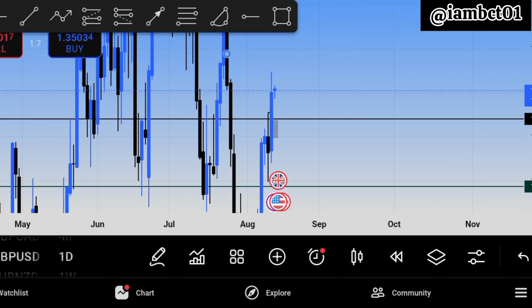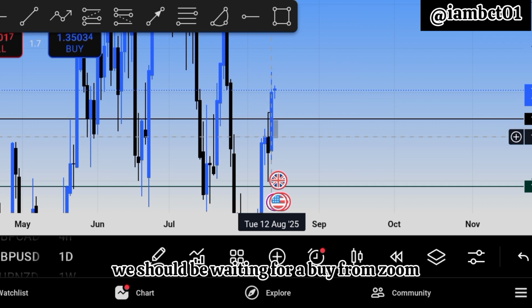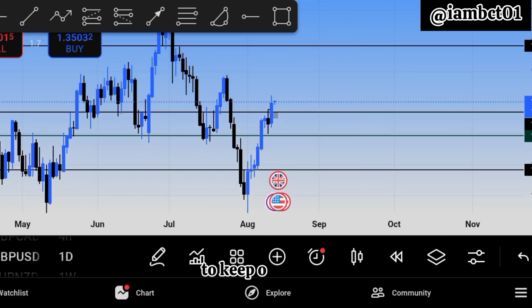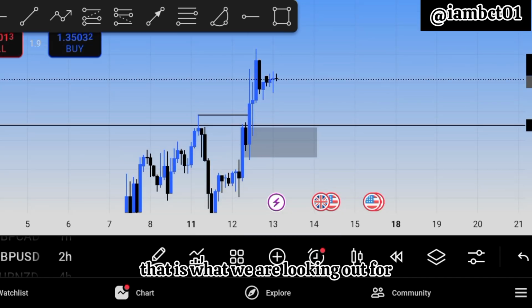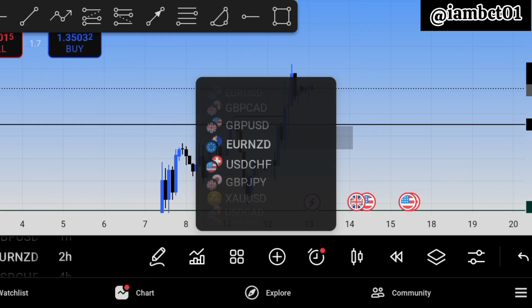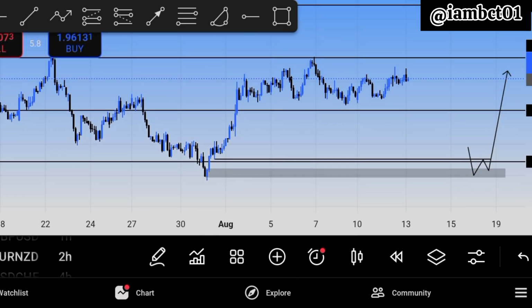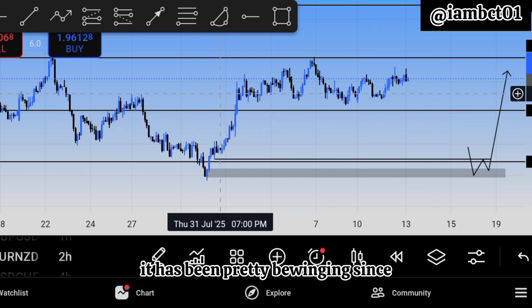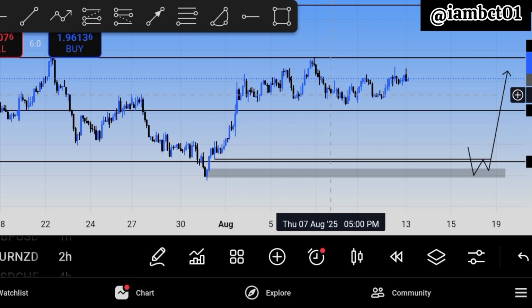The daily candlestick has closed out, so we should be waiting for a buy from the zone whenever market retests it, to keep on buying. So that is what we are looking out for on GBPUSD. So EURNZD has been pretty bewildering since the end of July till August.